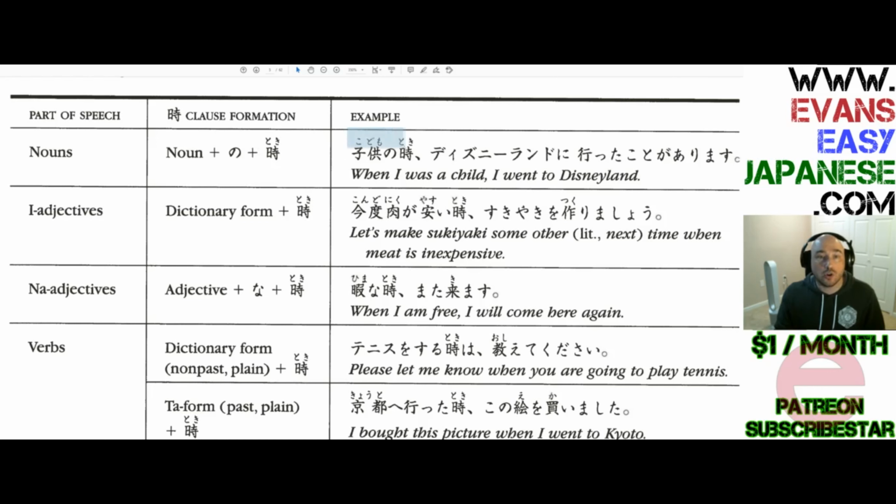And it says kodomo no toki. Notice it looks like it's just a noun followed by a no followed by another noun. And we see this all the time, like watashi no enpitsu, my pencil. Kanojo no kaban, her bag, right? So it usually just shows ownership.